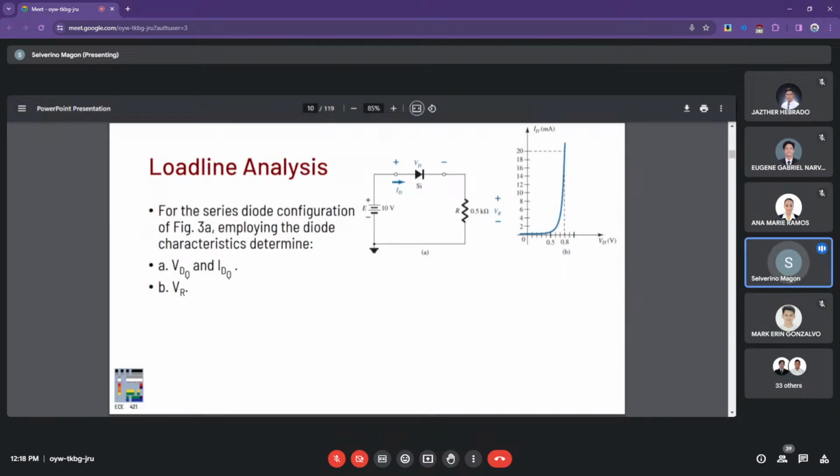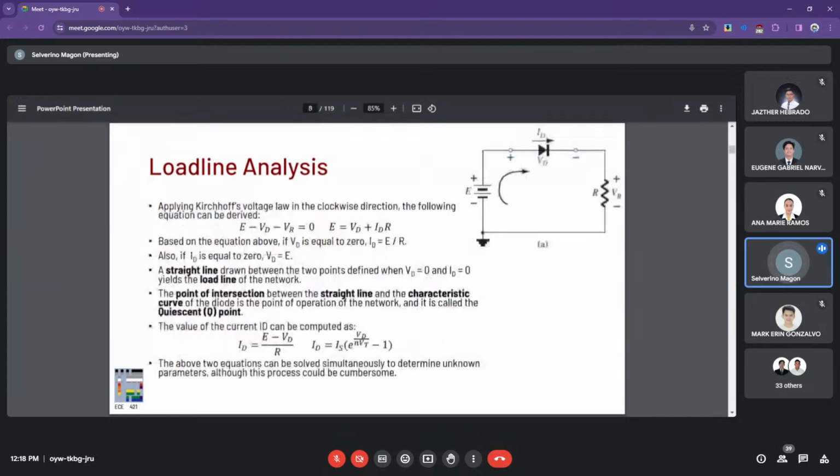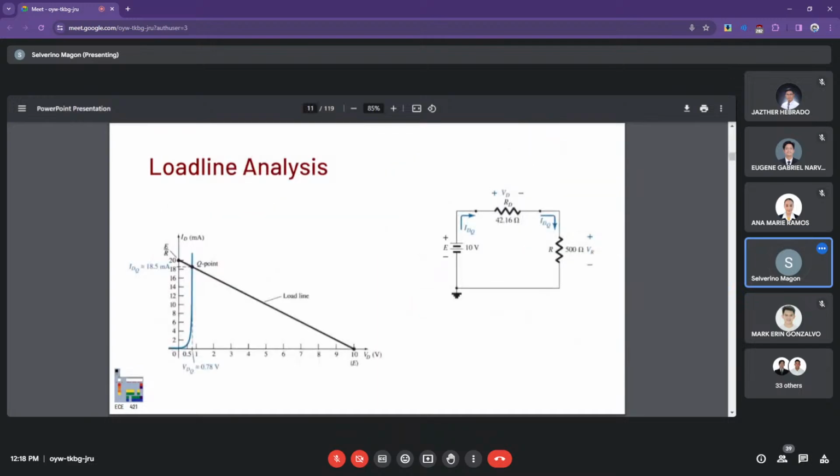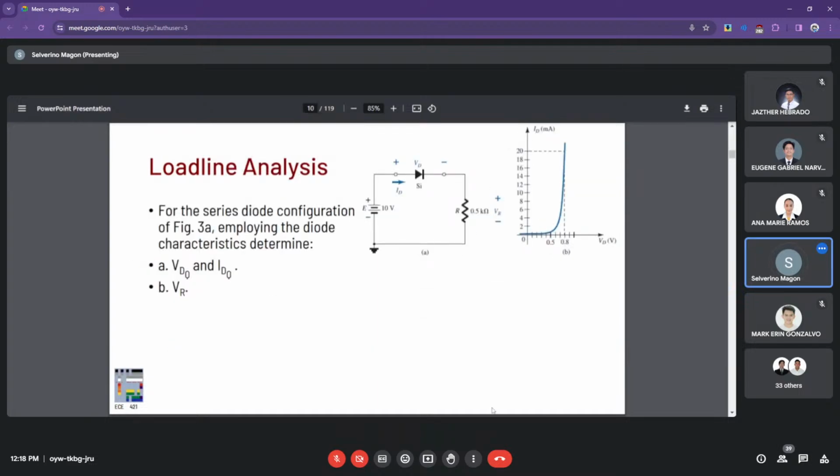Now again, if we follow the previous rules here, if we apply 10 volts in your E, and then E over R, you can plot the diode load line, extending it to 10 volts to the right, and 20 milliamps.